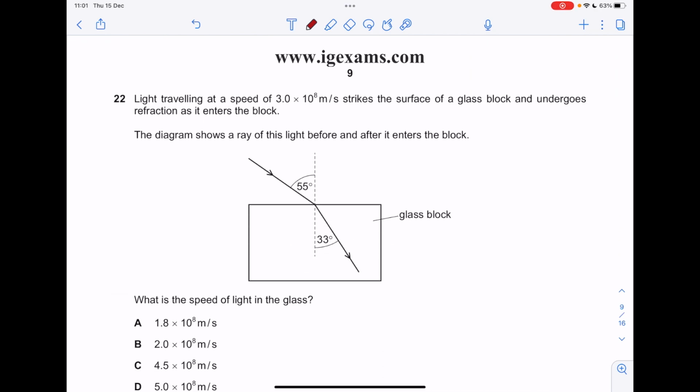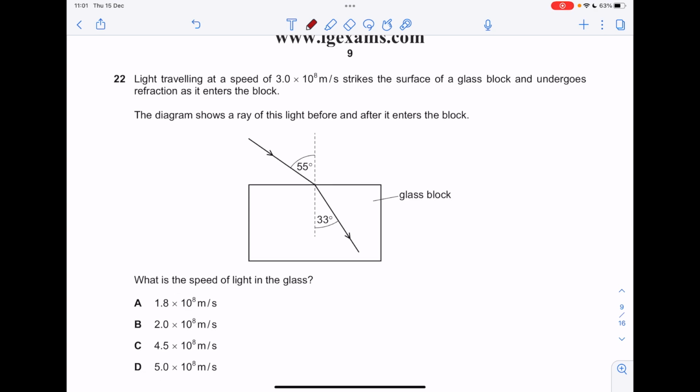Light travelling at a speed of 3 times 10 to the 8 metres per second strikes the surface of a glass block and undergoes refraction as it enters the block. The diagram shows a ray of this light before and after it enters the block. What is the speed of light in the glass? So the first thing you want to do, hopefully, because you can see here you've got an angle of incidence and an angle of refraction, we want to work out the refractive index using this equation.